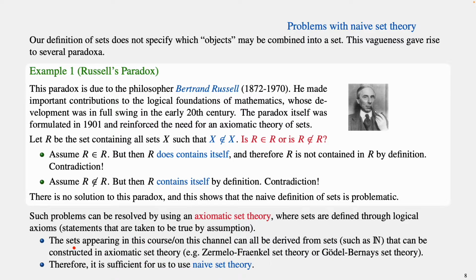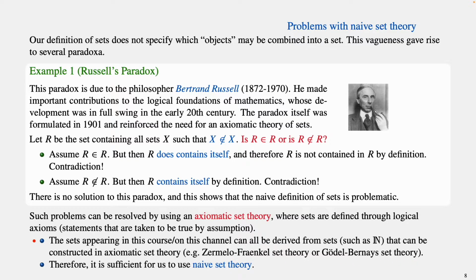Now, on this channel, or in particular in this current course, all the sets appearing can be derived from sets such as the natural numbers that can be constructed in axiomatic set theory. For example, to name two such theories, probably the most famous one is the Zermelo-Fraenkel set theory, or also the Gödel-Bernays set theory is a popular one.